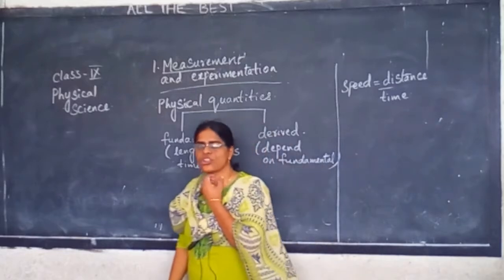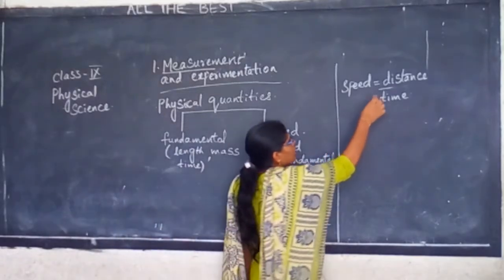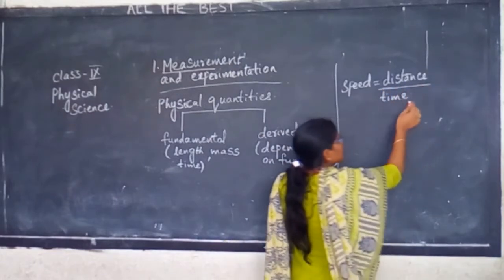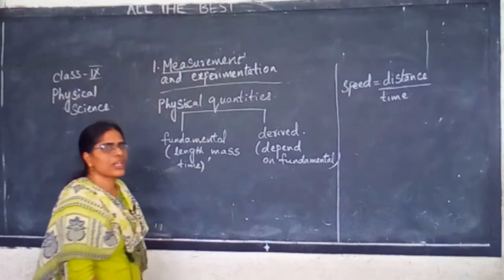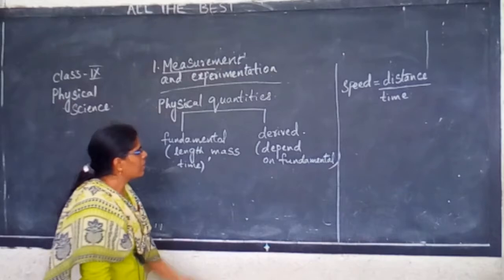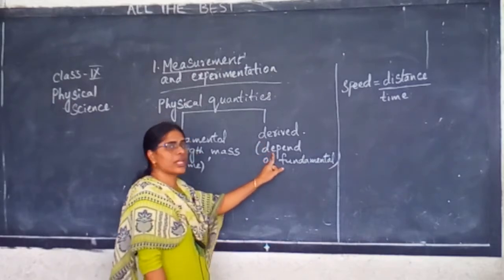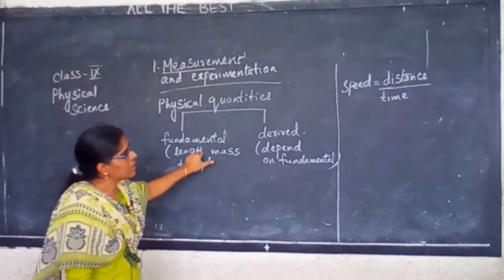According to the definition of speed, we have defined speed equal to distance by time. Okay? Now here, can we say speed is a derived quantity? Now what I said, derived quantities means they depend on fundamental quantities.